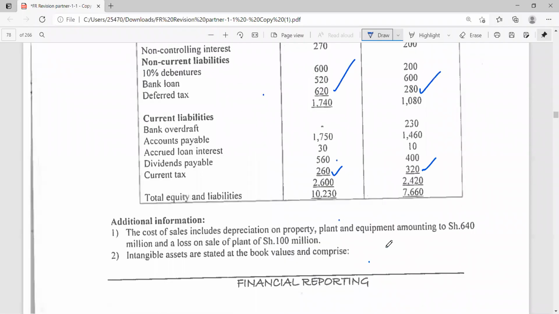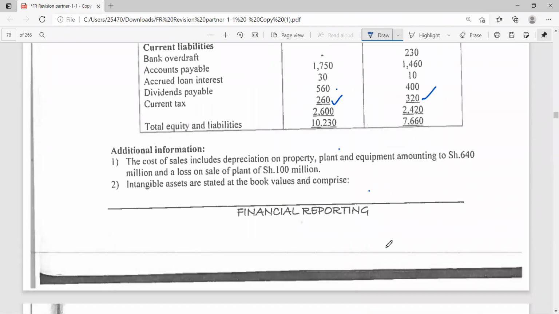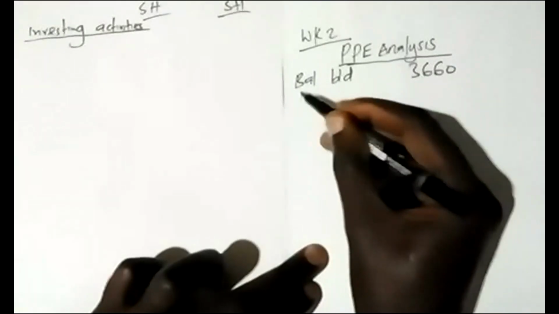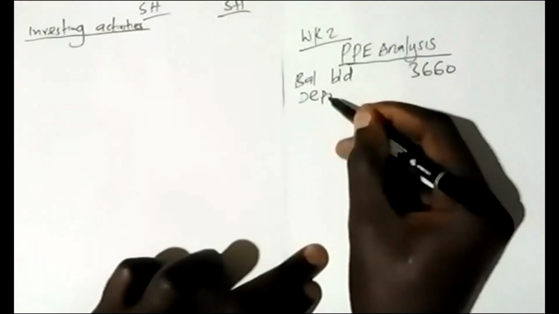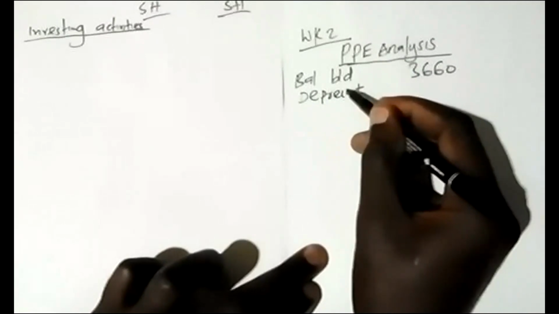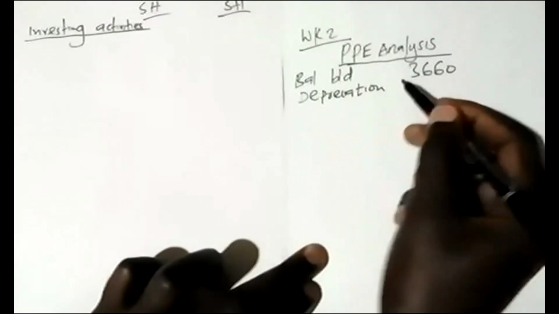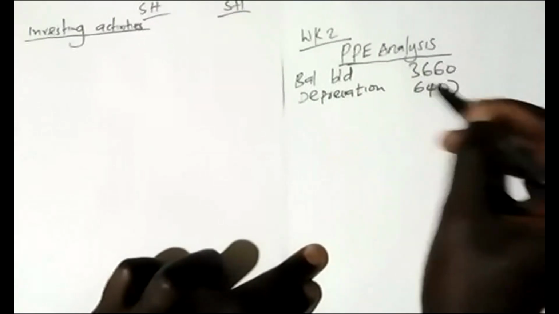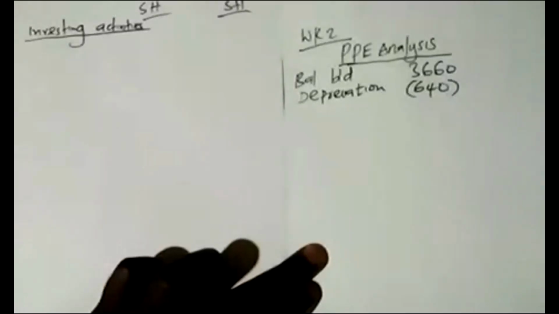Additional information number 1 says cost of sales includes depreciation on property, plant, and equipment. So it contains a depreciation of 640. Remember that depreciation is all about property, plant, and equipment, which is a fixed asset. So we have to record the 640.